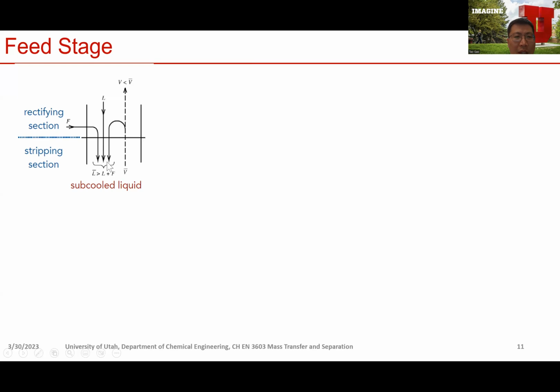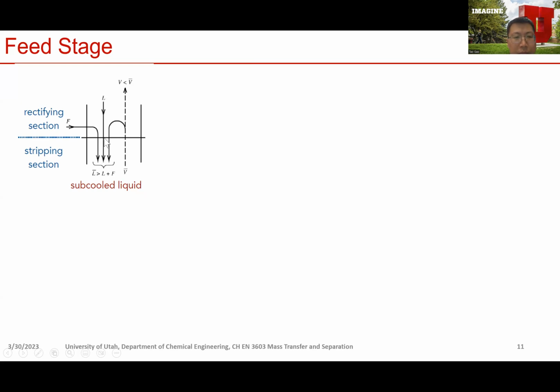Obviously, as a liquid, it's going to join the downcoming liquid that comes from the rectifying section of the distillation column. However, in this case, it's a subcooled liquid, which means its temperature is below the equilibrium temperature. And we assume that in this distillation tower, each stage is operated at equilibrium condition, which means the feed has a temperature that's lower than the liquid that's leaving the feed stage, right?